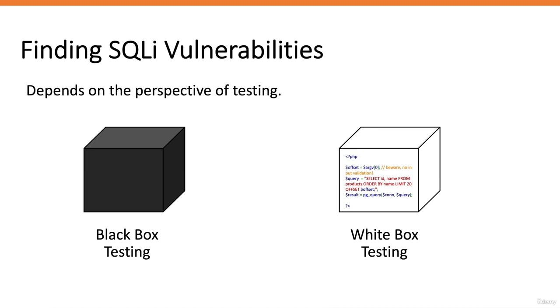Nevertheless, the methodology is still the same for finding SQL injection vulnerabilities, whether I'm doing it in a public or an authenticated page. And that's why they're looped in together. Now, when it comes to white box pen testing, that's a whole different methodology because you actually gain access to the source code of the application. And reviewing source code is a whole different realm than approaching an application from the outside.